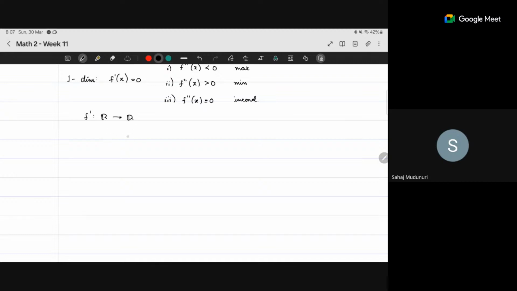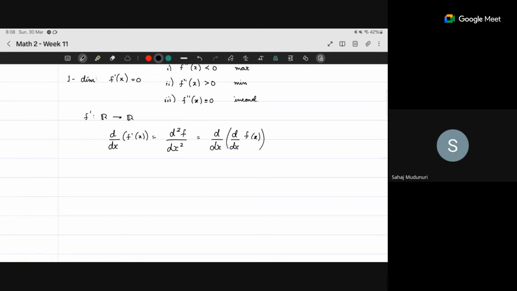Or if you want to write it in terms of this, d by dx of f prime at some point x. You just take d by dx of d by dx of f of x. So you do twice differentiation and you get another function whenever this is possible to do.